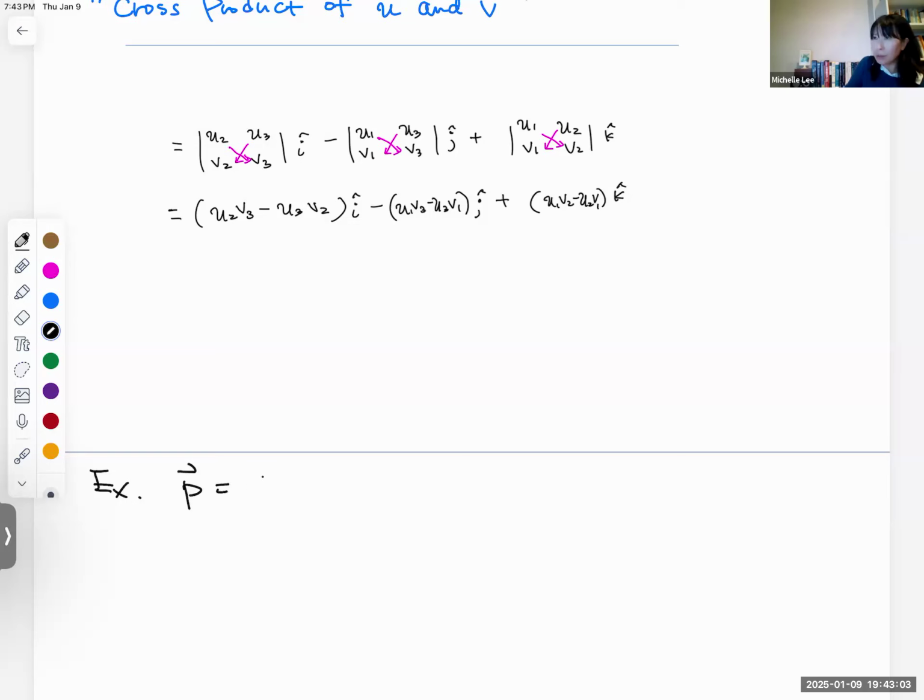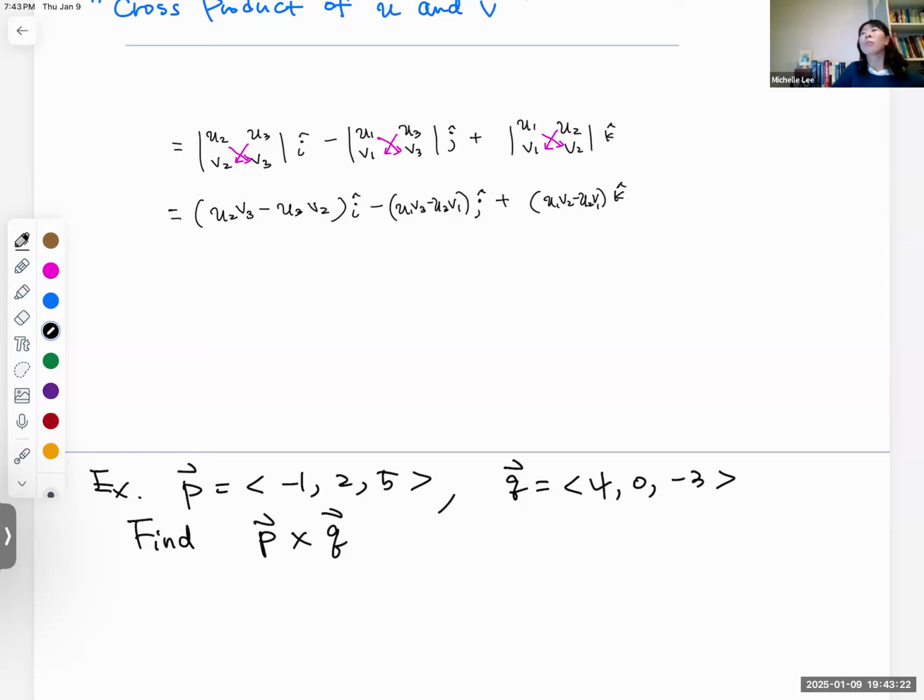So we have a P, which is negative 1, 2, 5. We have a Q. My Q looks like this, right? 4, 0, negative 3. Find the cross product of P and Q.